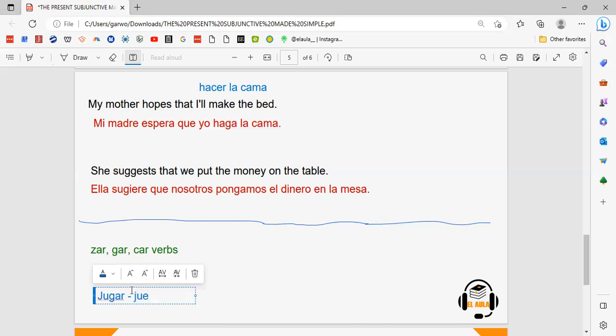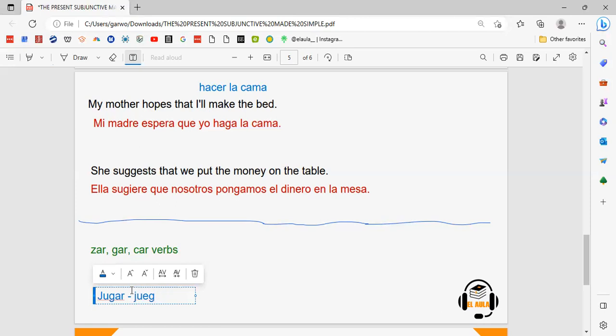first we go to our present tense yo form, and then we're going to drop the O, then we're going to switch this to ES. But now you have a significant difference between jugar and jueves. Now you have a soft G sound because the G is directly in front of an E as opposed to an A, right?